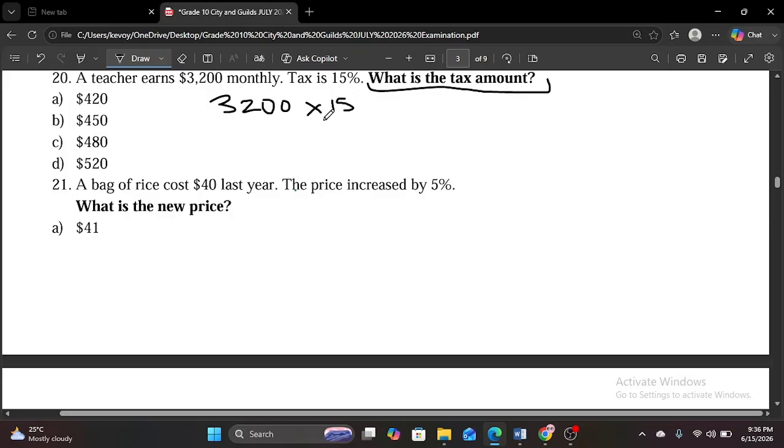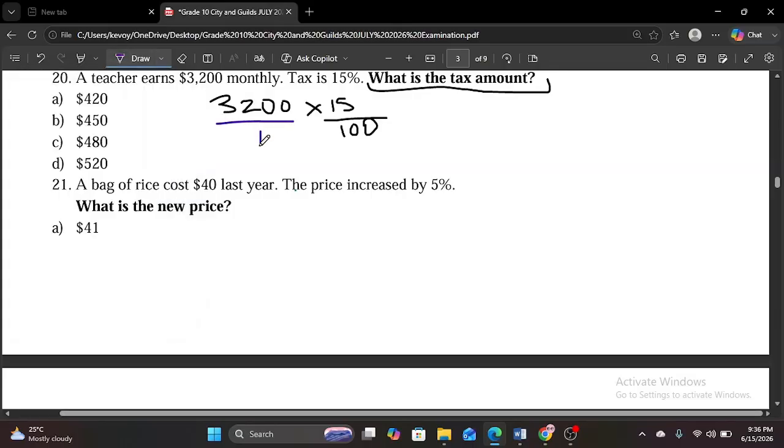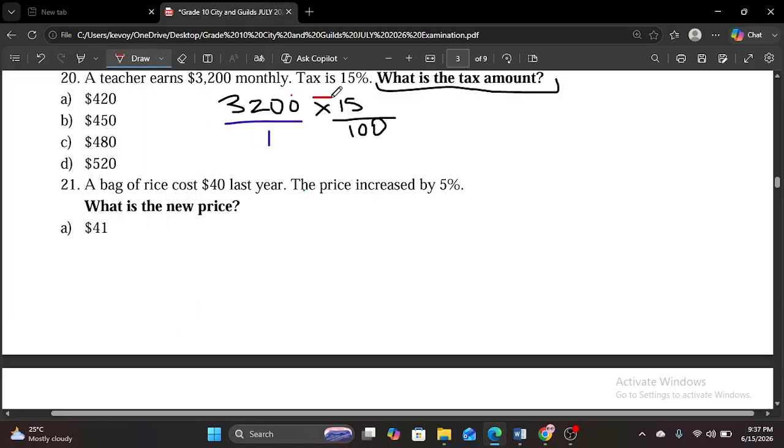So 15% is gonna be 15 over 100. So we first change this into a fraction by having it over 1, and then we multiply numerator times numerator, denominator times denominator.